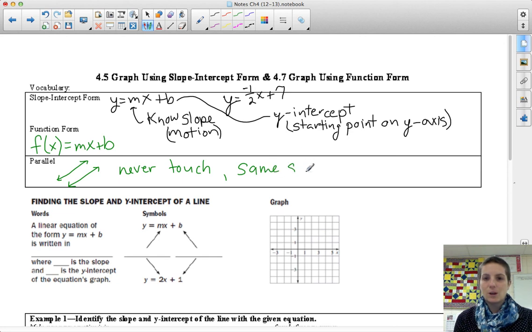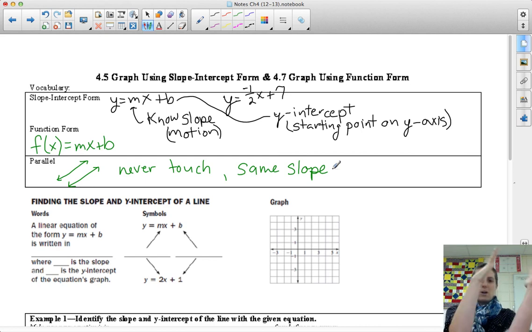They have the same slope. Remember, it doesn't matter if they're sloped this way or this way or they're vertical or horizontal. It doesn't matter, they always have the same slope. And when they're in slope-intercept form, we could look at them and know their slope.